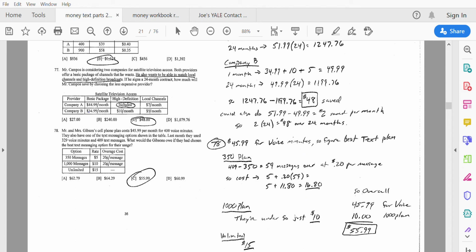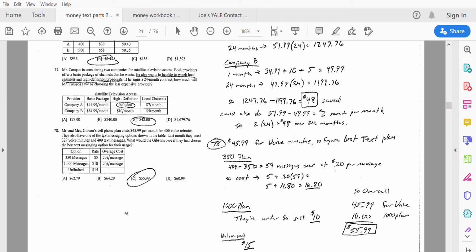So let's look at the next one, 1,000 messages. They are easily under the 1,000 messages because they use 409. So they would pay $10, and they don't have to do any extra. They're not going over their text messages, so they don't have to pay 20 cents per message.